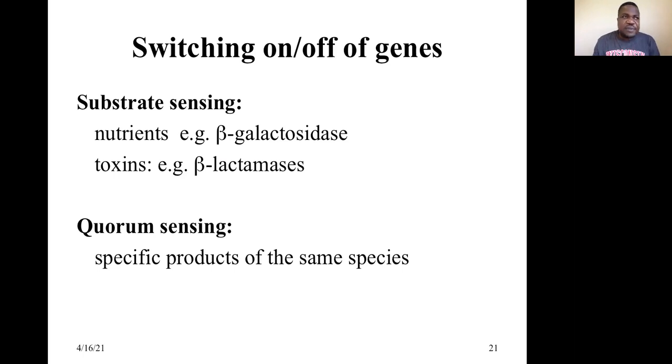Let's give a typical example. We have, for example, Staphylococcus aureus that has a gene called mecA. Now, that mecA gene can mutate.